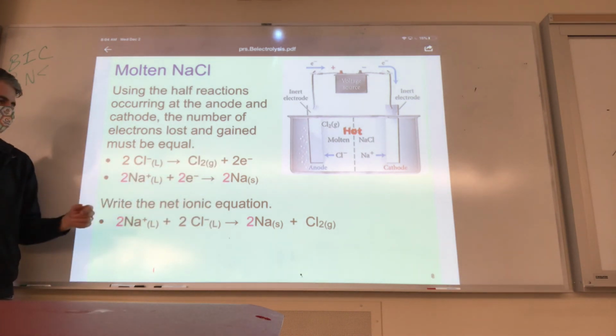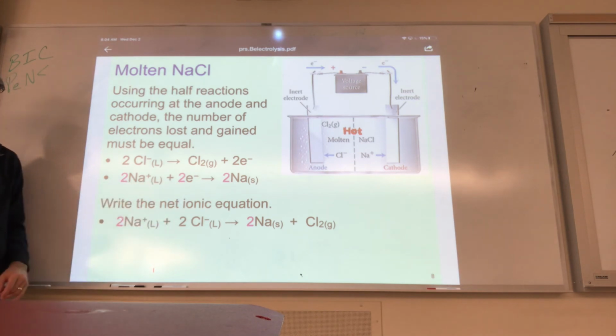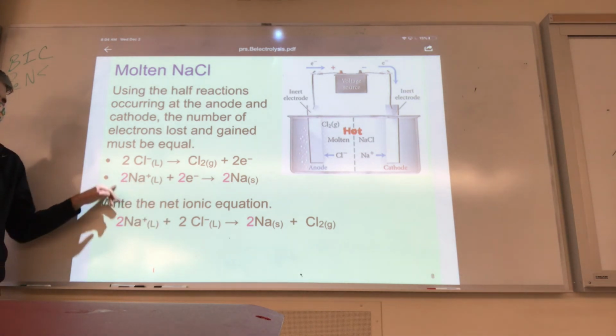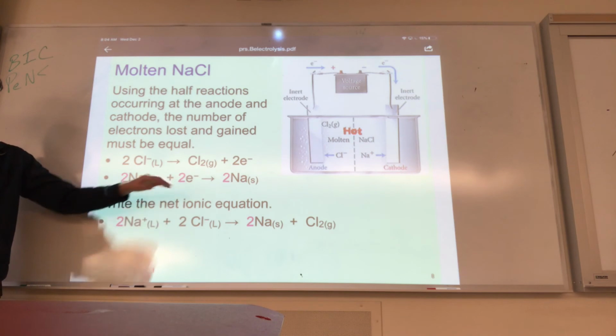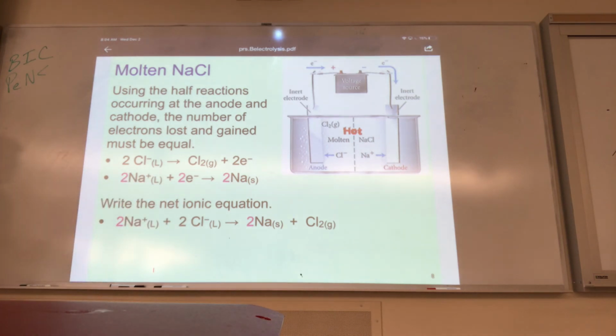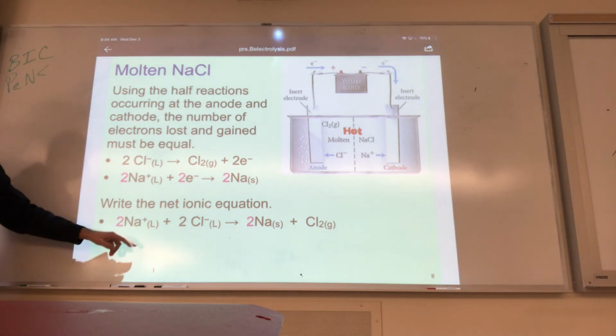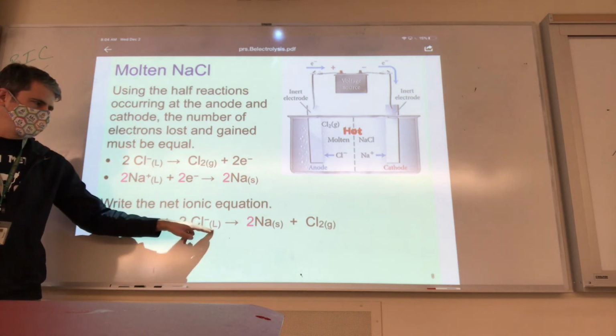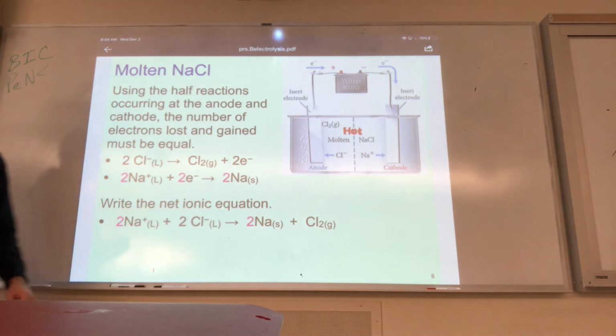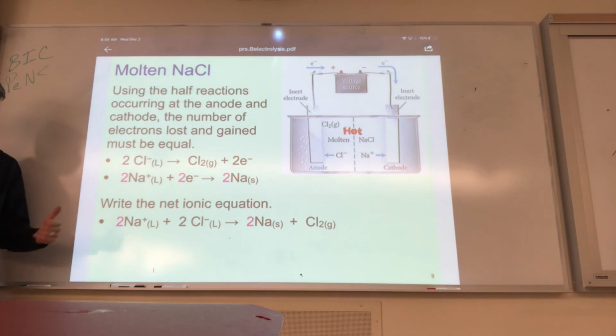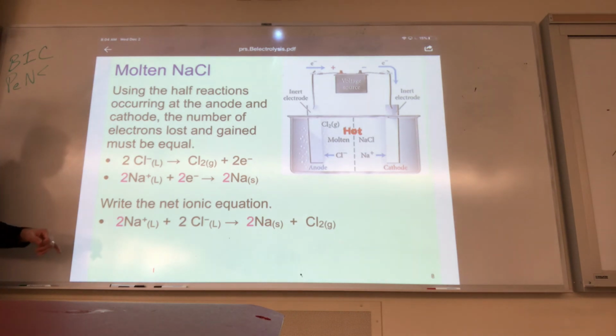In order for this to stay balanced, it will require 2 sodiums to gain 2 electrons and become 2 sodium metal solid. So the net ionic equation is 2 sodium ions liquid, 2 chloride ions liquid gets us 2 sodium solid and 1 chlorine gas molecule.